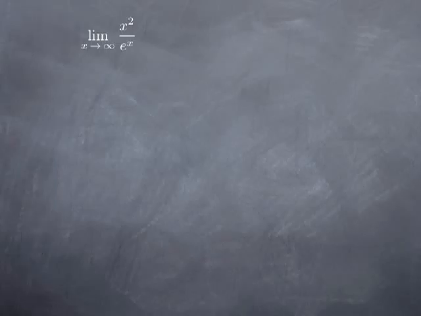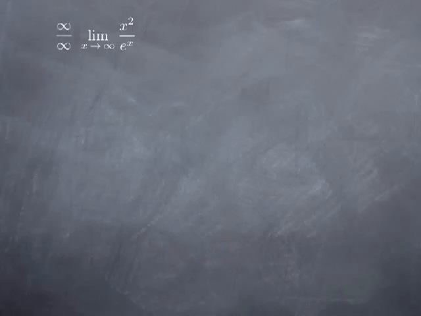Finally, I want to point out that sometimes the application is a little less straightforward. So let's consider, for instance, a limit at infinity of x squared divided by e to the x.